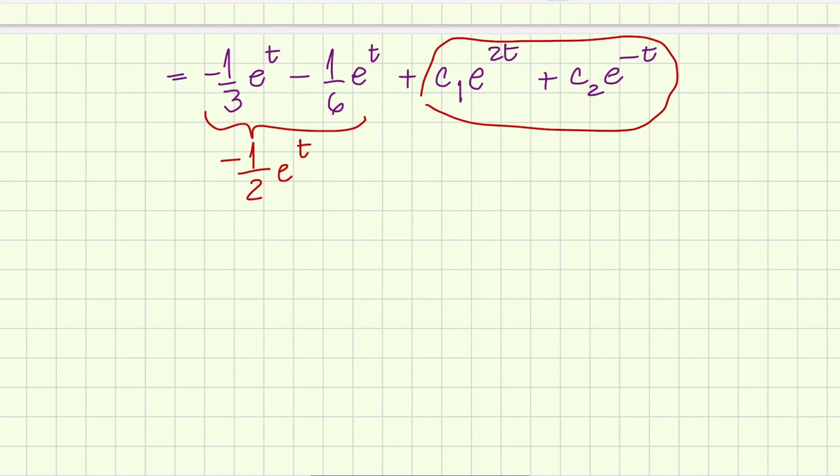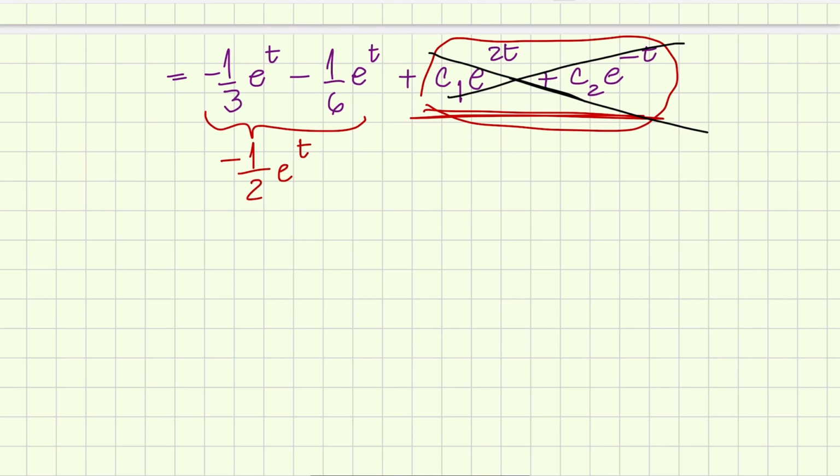Now adding these to the general solution is just e to the power 2t and e to the power negative t multiplied by just another constant. So the point is that we will eliminate these two from our particular solution. The whole point is adding these actually has no effect on our total solution because it is very similar to our complementary solution and it kind of just absorbs into it.